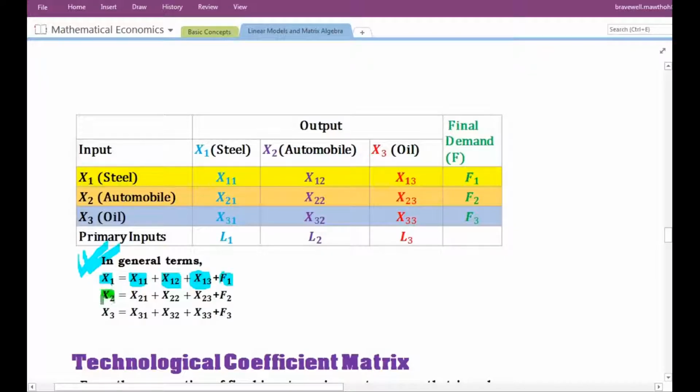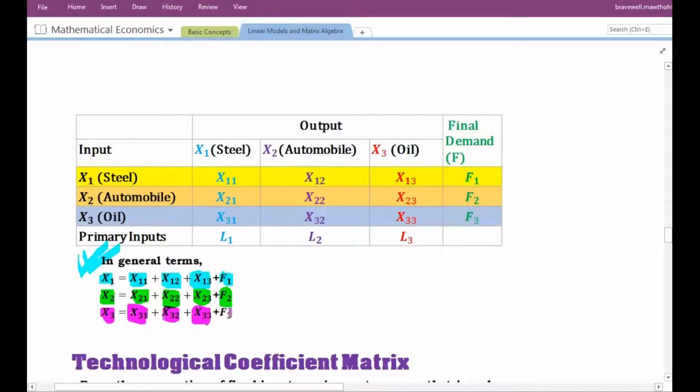Output of the second industry is being demanded as intermediate input by the first industry, by the second industry, that is itself, and by the third industry. And also part of it is being demanded as final good by consumers. Output of the third industry is being demanded as intermediate input by the first industry, by the second industry, and by the third industry.